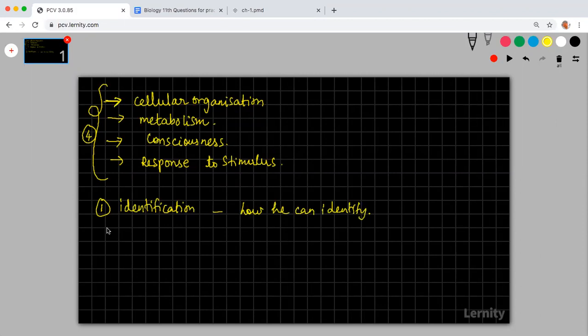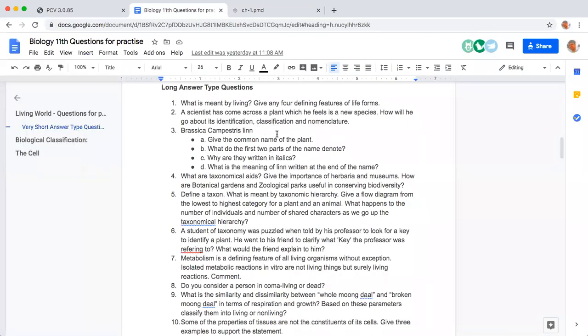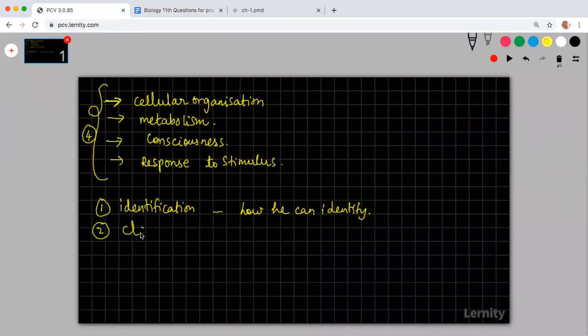The second thing that you will be writing is, here in this question they have specifically asked about classification. You have to tell what is classification and you have to write how we can classify. The third thing is what is nomenclature, and you have to write how to name. So this is how you will be answering.